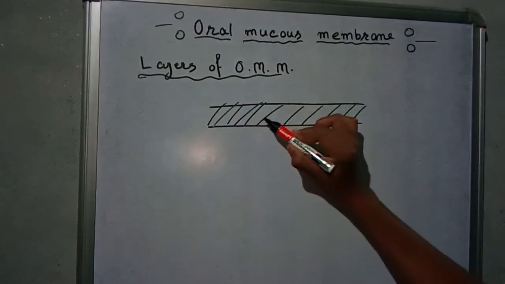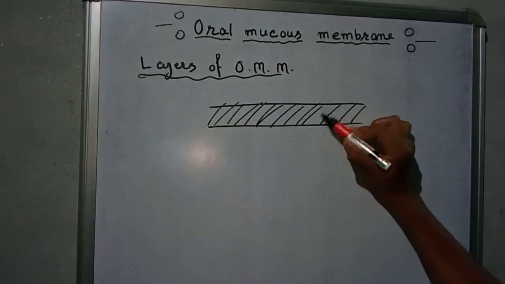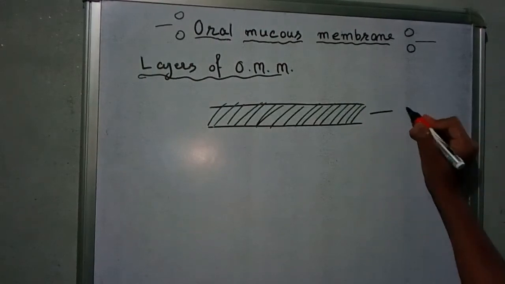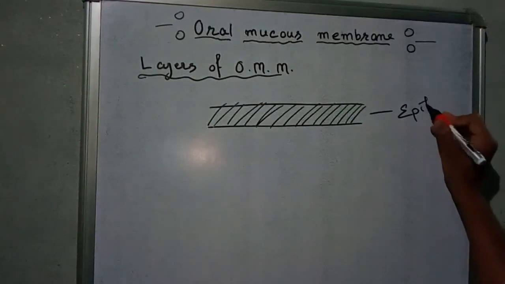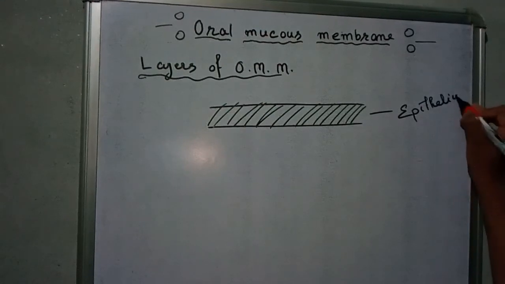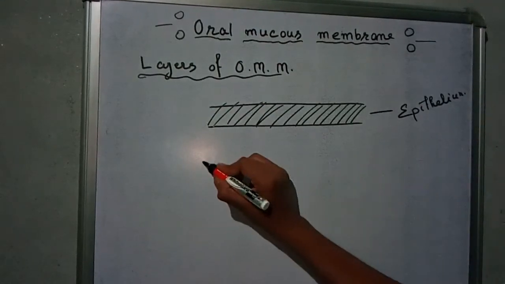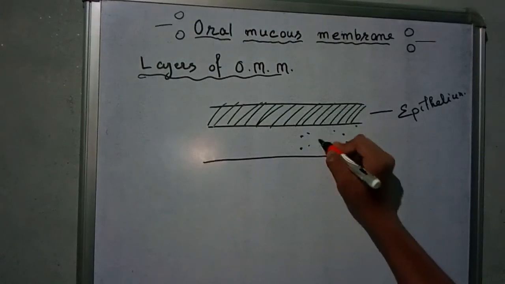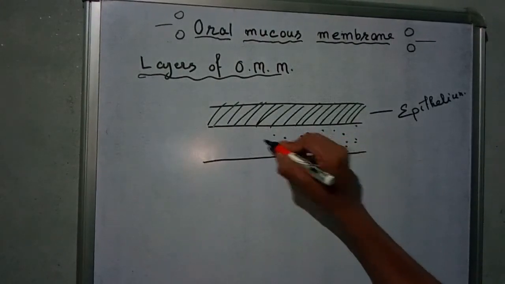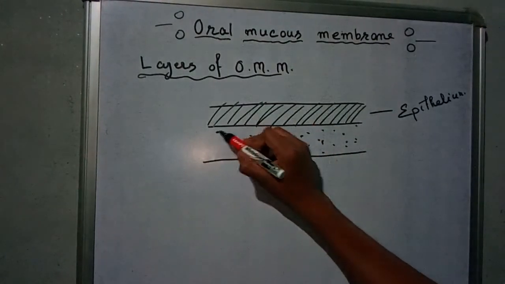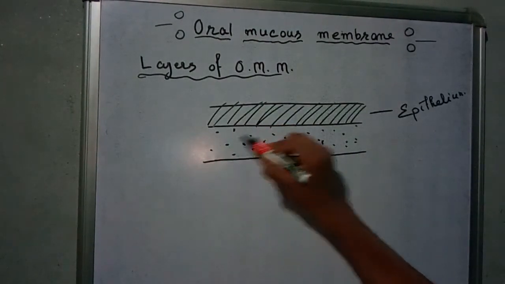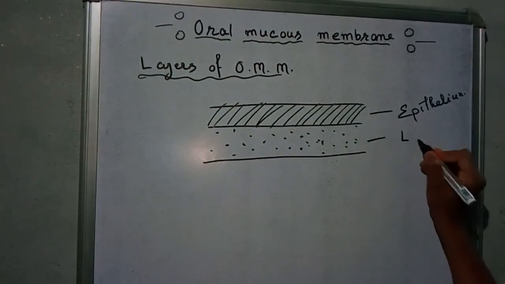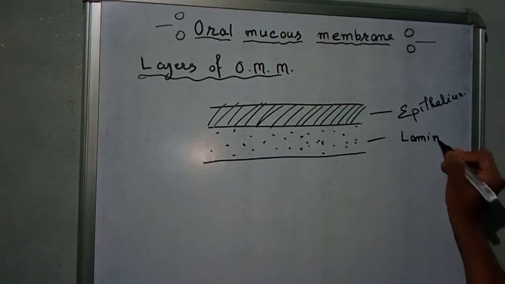The first layer is the epithelium, and the second layer is known as the lamina propria.